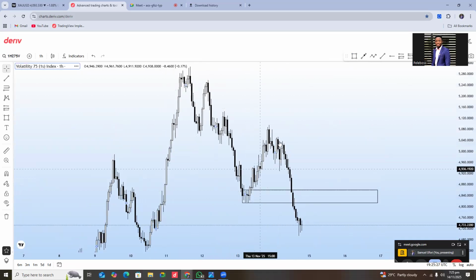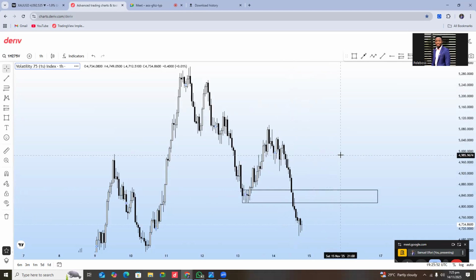We were anticipating that price will drop into this and give us a reversal candle that will push us to the top. Okay, but then look at it. Price gave us strong bearish candles approaching the level. And look at the candle that went through the block. A strong bearish candle, indicating that still the sellers are very strong in the market. They are still dominant in the market.